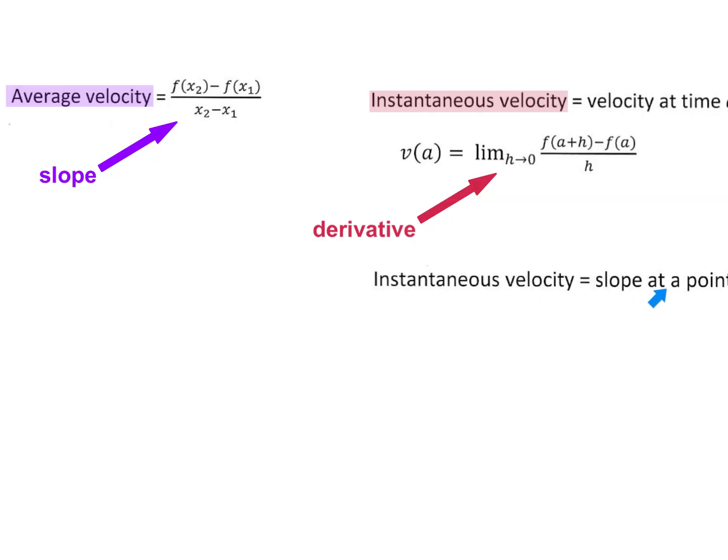And that is telling me the slope of the tangent line at a given point. That is the difference between these 2 things. Sometimes the average velocity is a good estimate for the instantaneous velocity, but sometimes it's not. And so when we can find the instantaneous velocity at any given point or any given time, that's going to give us a better idea of how fast the object is moving at that instant.